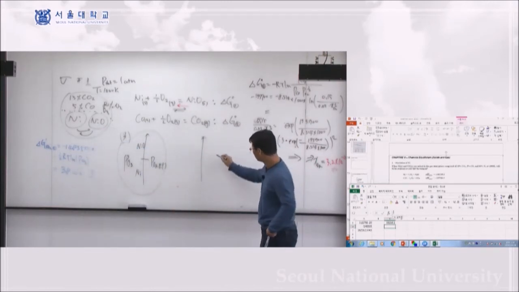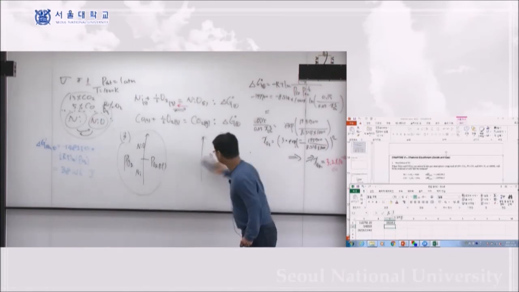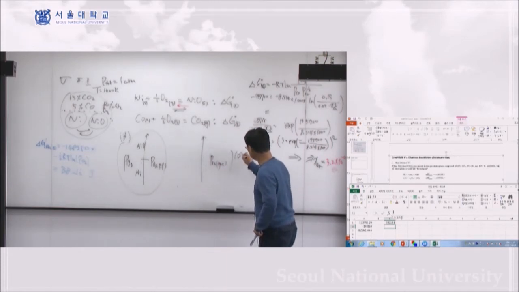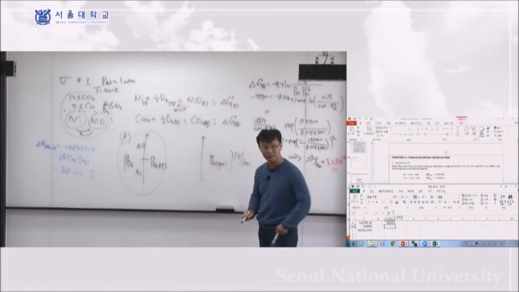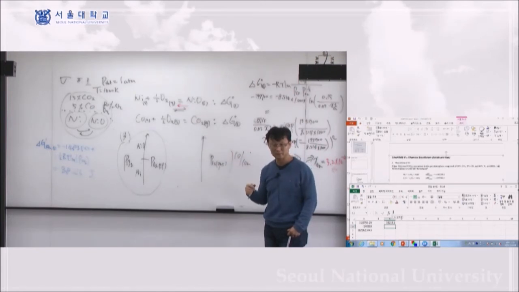Now I have my gas phase. This is now the PO2 of the gas phase, controlled by the CO2 ratio. This is the actual partial pressure of oxygen in the system from the gas phase.